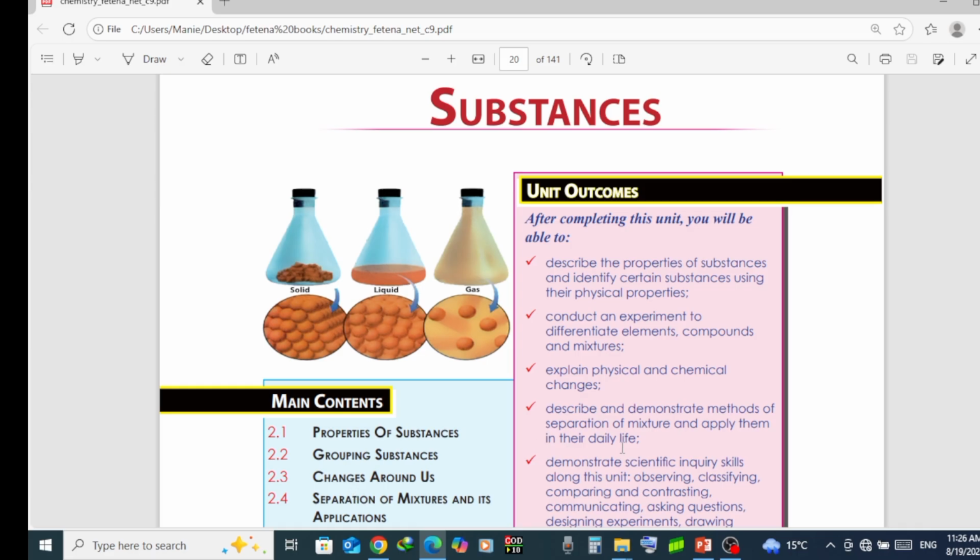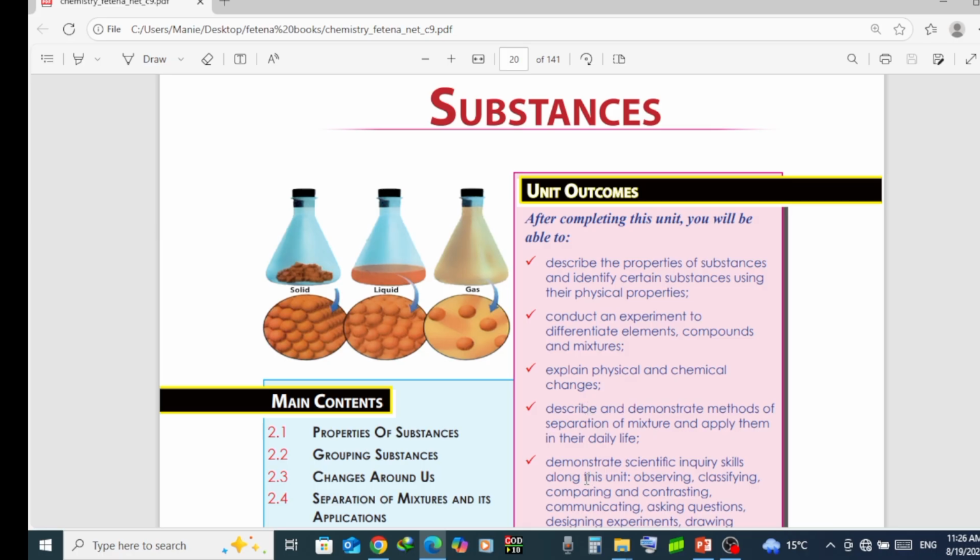And the other objective is to describe and demonstrate methods of separation of mixtures and apply them in daily life. So students are expected to describe and demonstrate methods of separation of mixtures. What mixtures are has already been discussed here. So, separation of mixtures and applying them in daily life: what applications are expected from the knowledge of mixtures in our daily life.